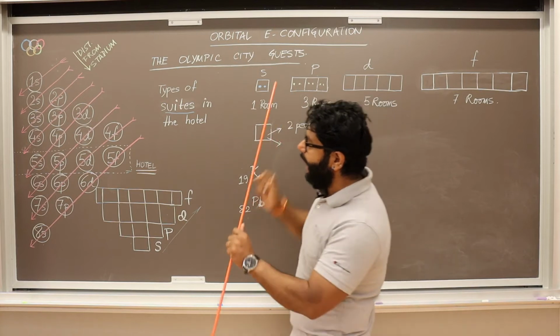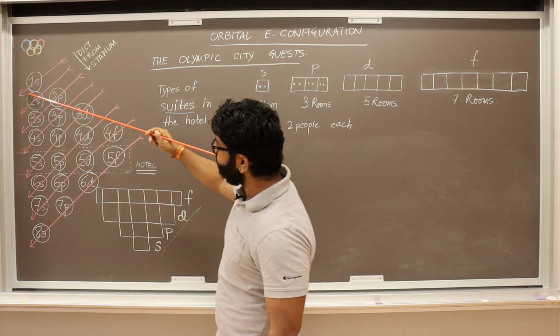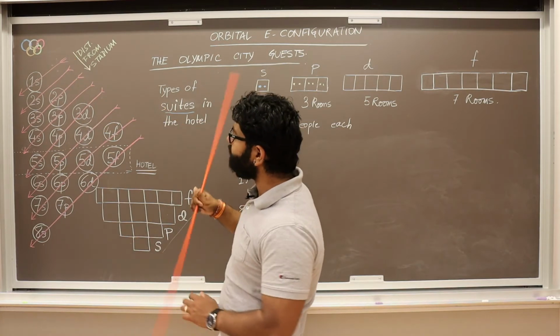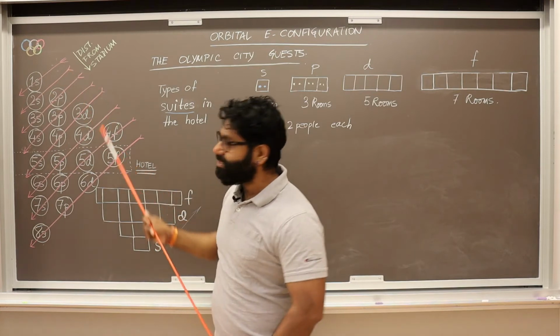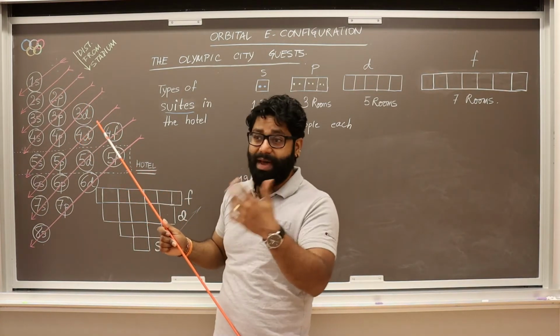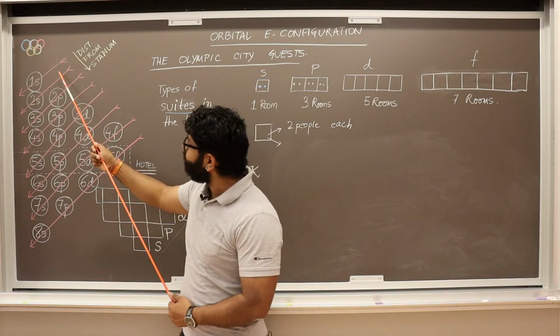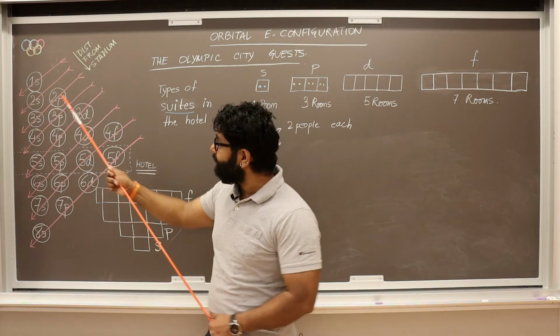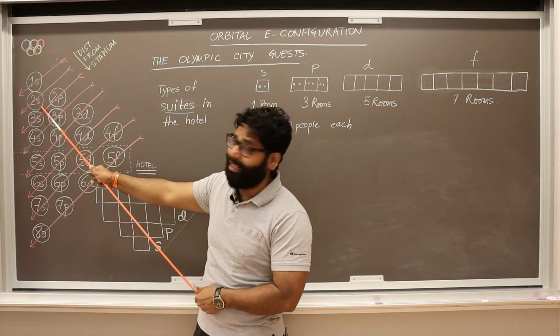The arrows move in this direction, the arrowhead is here, this is the tail. Imagine that these arrowheads tell the guest which is the best suite to occupy given the situation in the city. So the first one goes here. The second set of guests will try and see if there is vacancy in 2S.